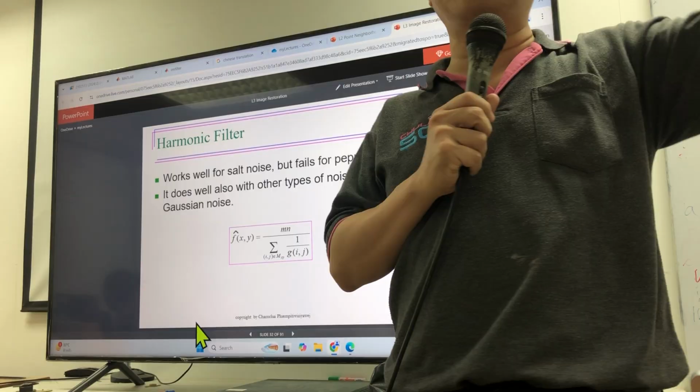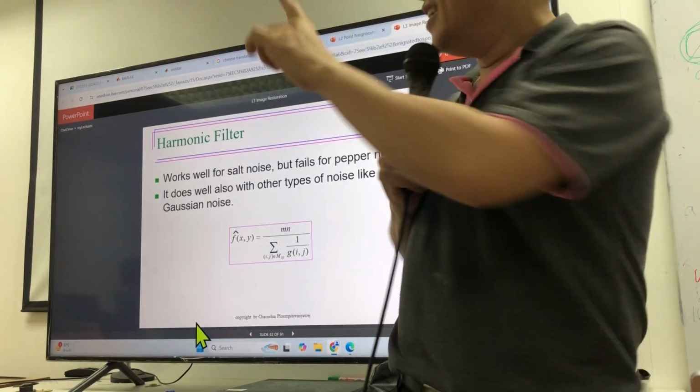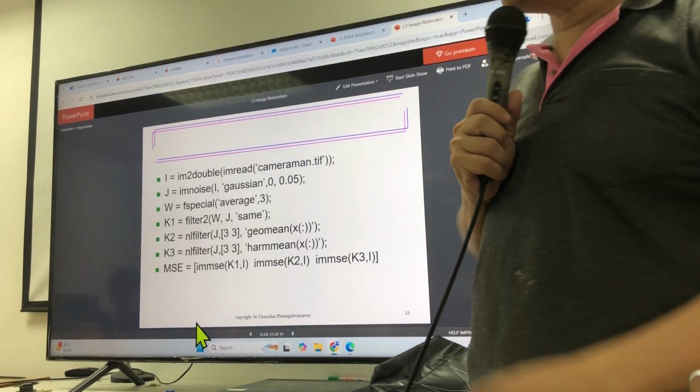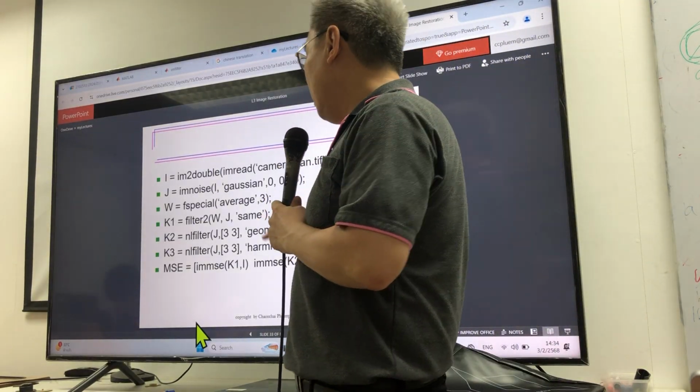If you're the first one who applies it, you can publish your paper, just like this. You can publish your paper with arithmetic means and geometric means and all those things.